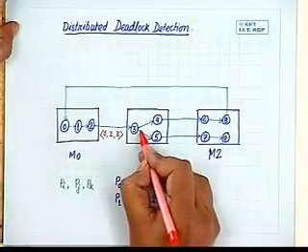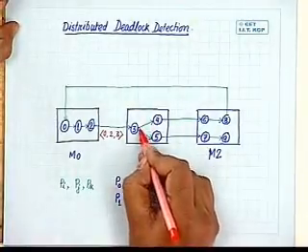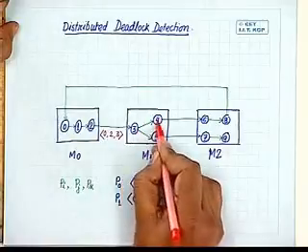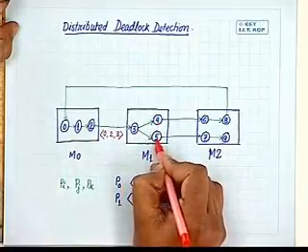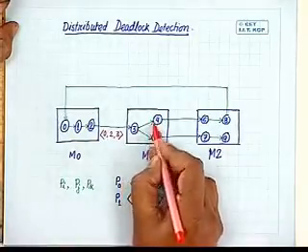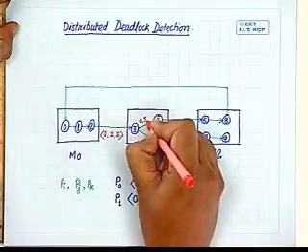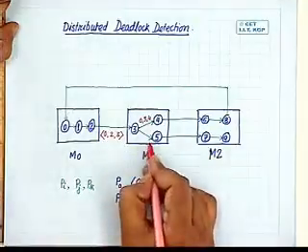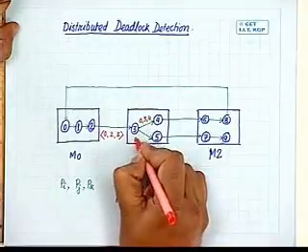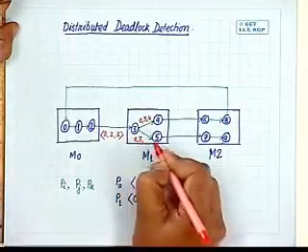Process 3 will now generate 2 messages, because 3 is waiting for 2 processes. On one link, 3 will send the message 0, 3, 4, and on the other link it will send the message 0, 3, 5.